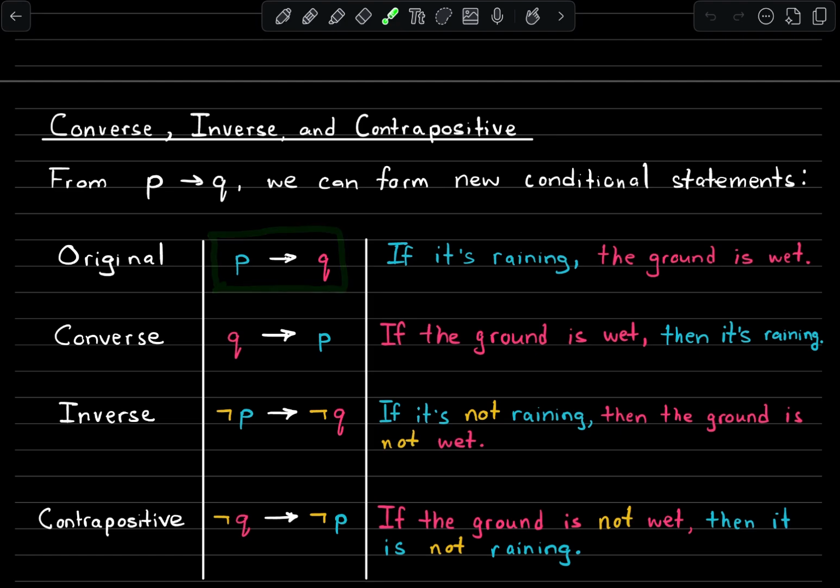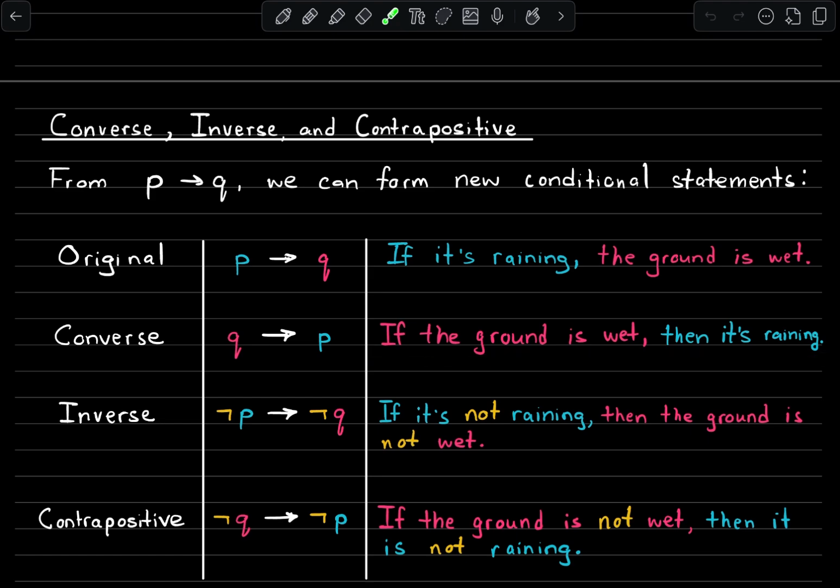If P then Q. And I can say P is raining, Q is that the ground is wet. So if it's raining, the ground is wet. Simple, straightforward. Now I could have the converse. So what I'm doing is I'm swapping the order of those two. Q is going to become the antecedent, P is going to become the consequent. And now the statement is going to read as, if the ground is wet, then it's raining.